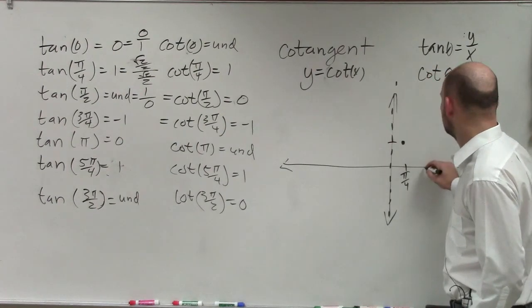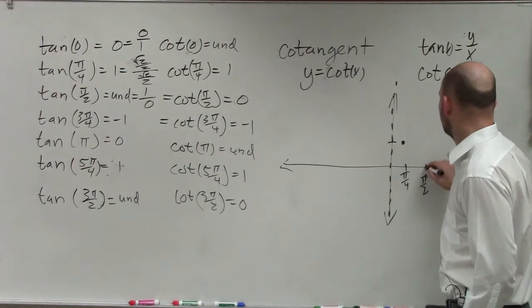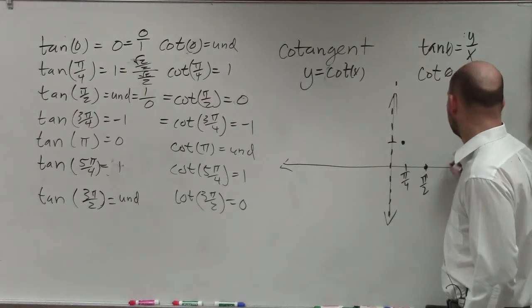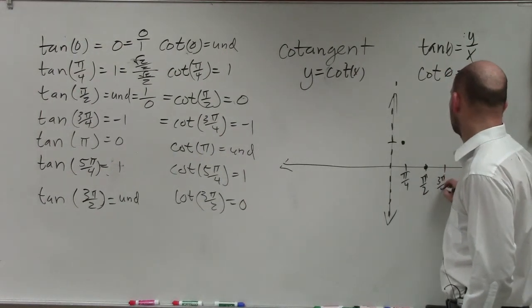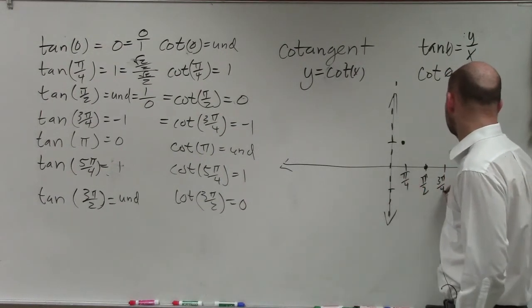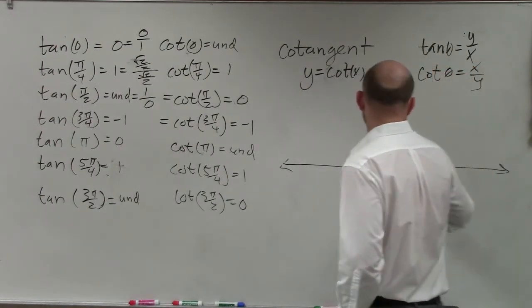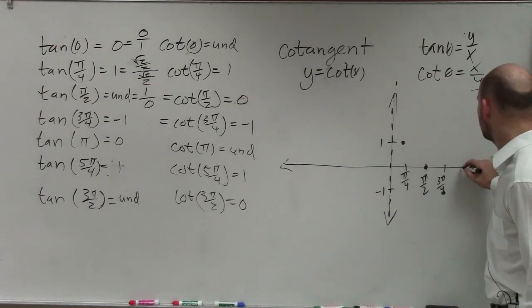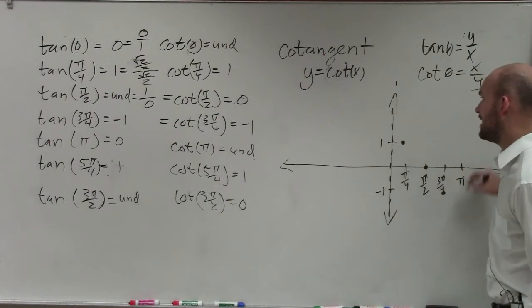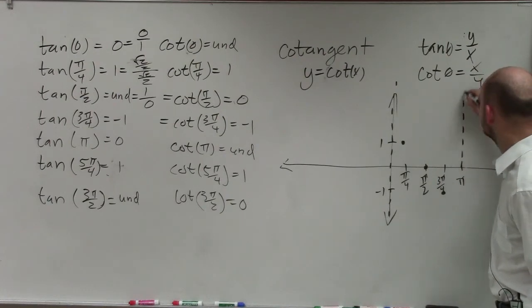At pi halves, we have a point of 0. And at 3 pi over 4, we have a point of -1. And at pi, we have a point of undefined.